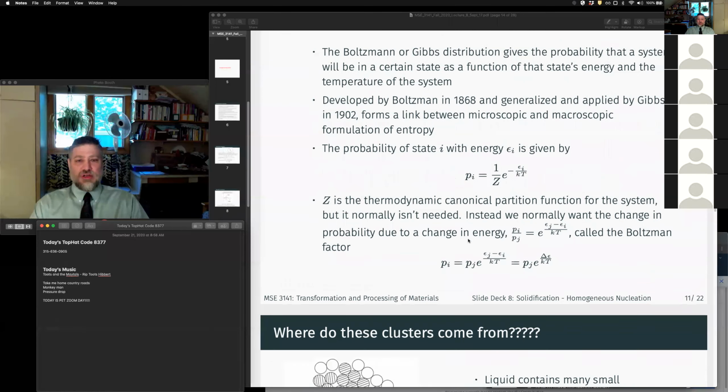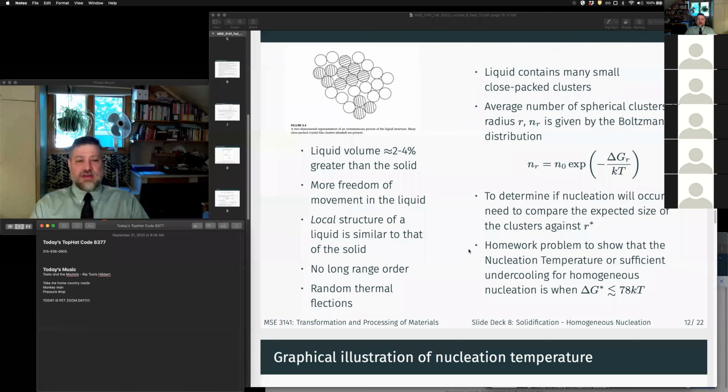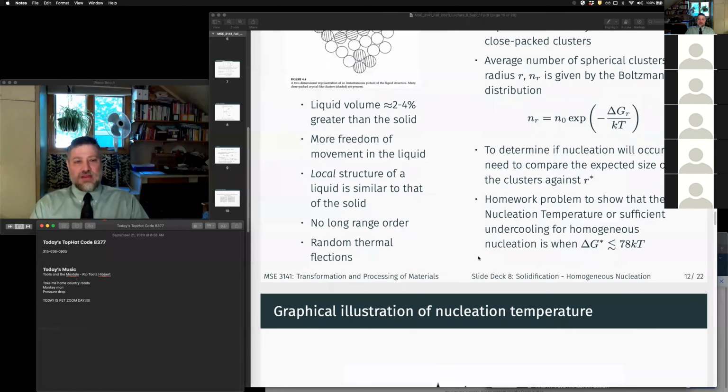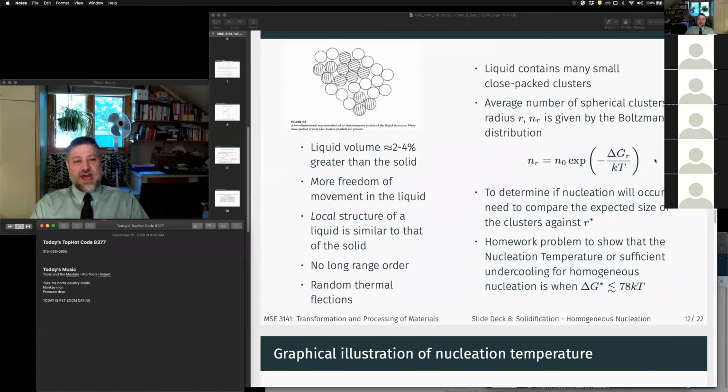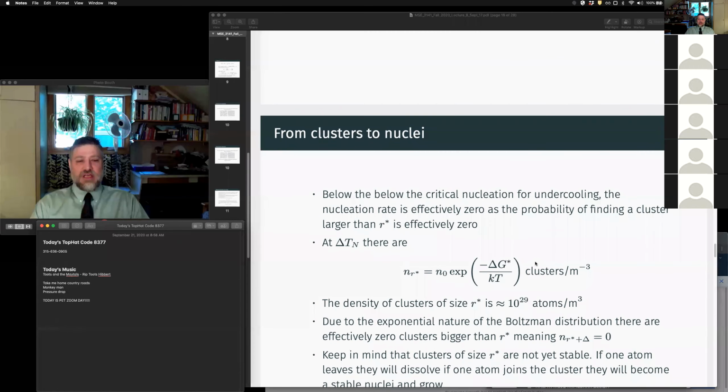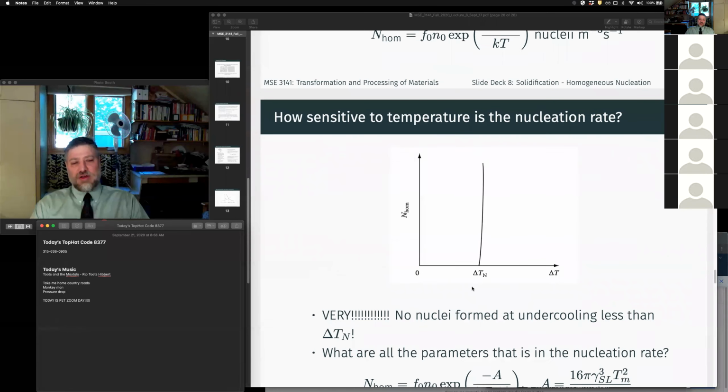We took a look at Boltzmann statistics, and we realized from the exponential dependence that we really have no clusters smaller or larger than the maximum one predicted, right? And so that means that our nucleation rate is essentially going to look like a step function.